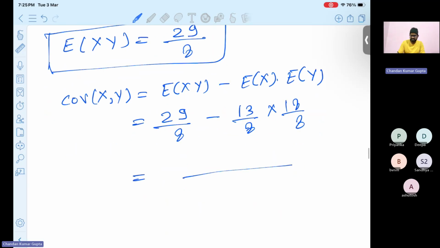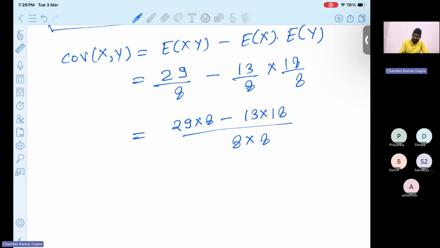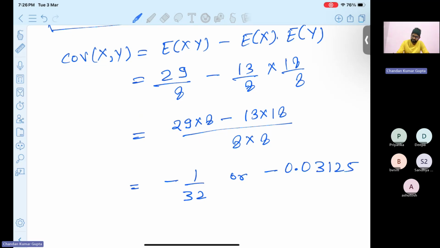So this is again a simple calculation: 29 into 8 minus 13 into 18. Once we solve this, we will find this is minus 1 upon 32, or minus 0.03125. So the covariance is negative.